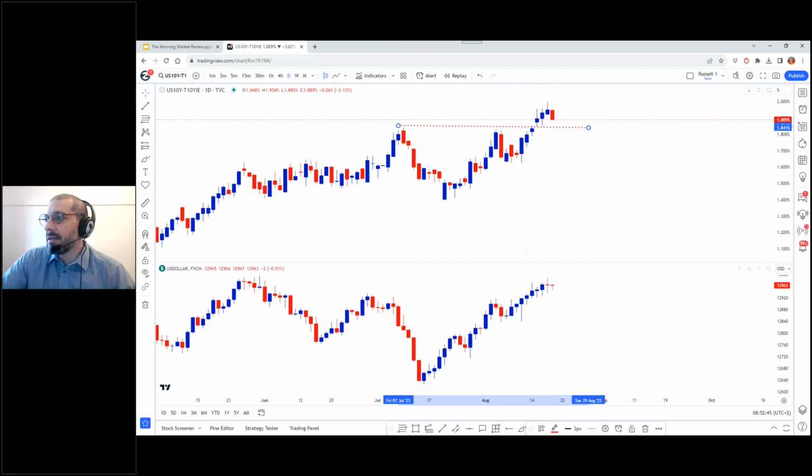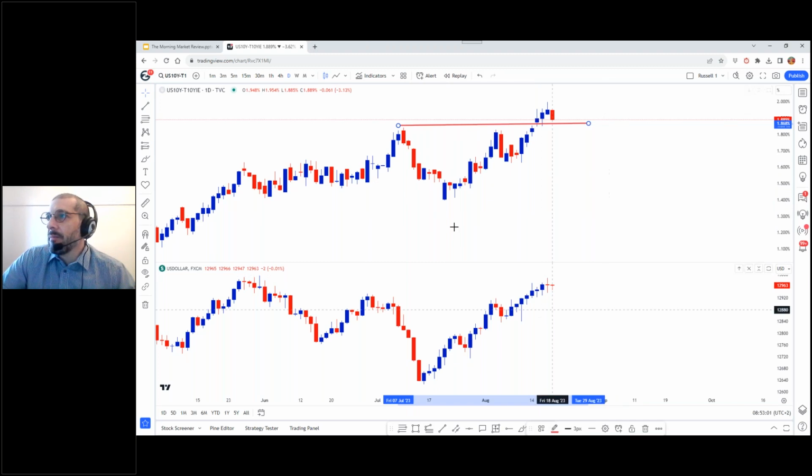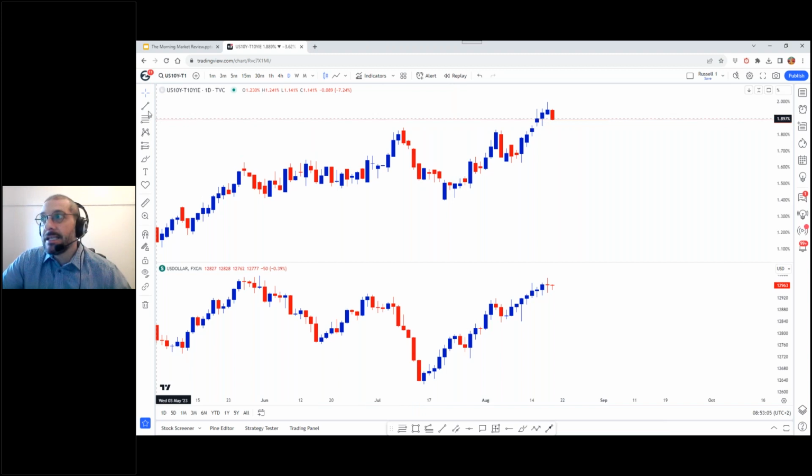Let me just make this a solid line. And that real yield's putting all sorts of pressure on the markets. We've looked at that in a few sessions this week, haven't we? But the idea here is that real yield is moving up.